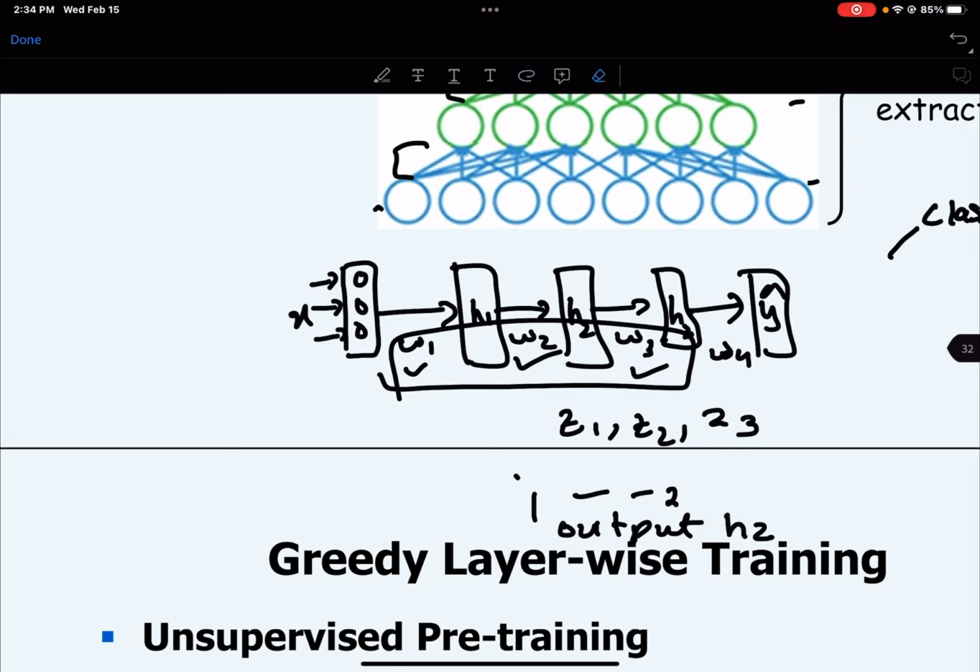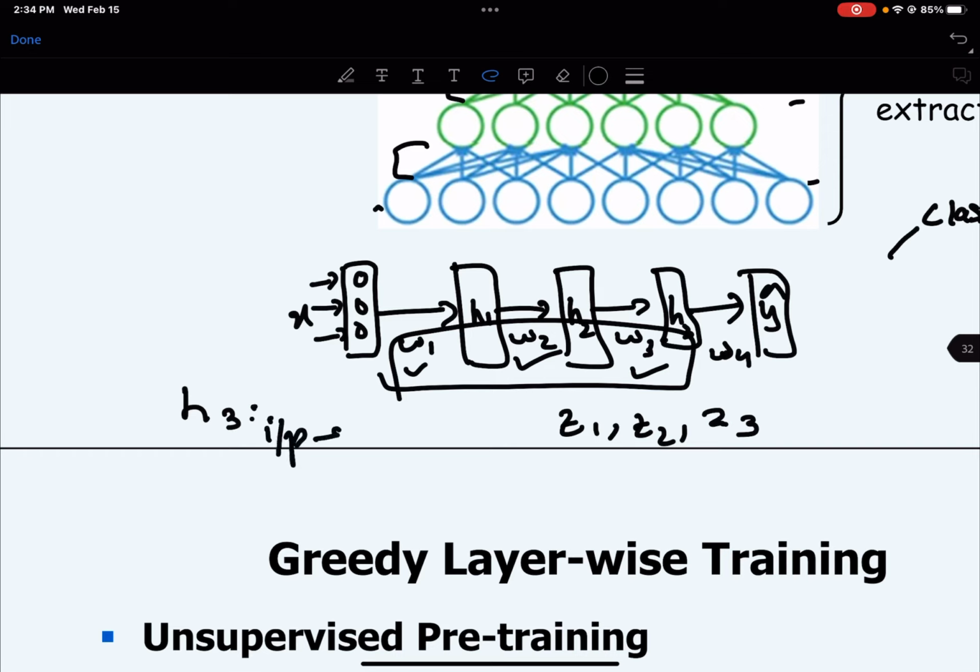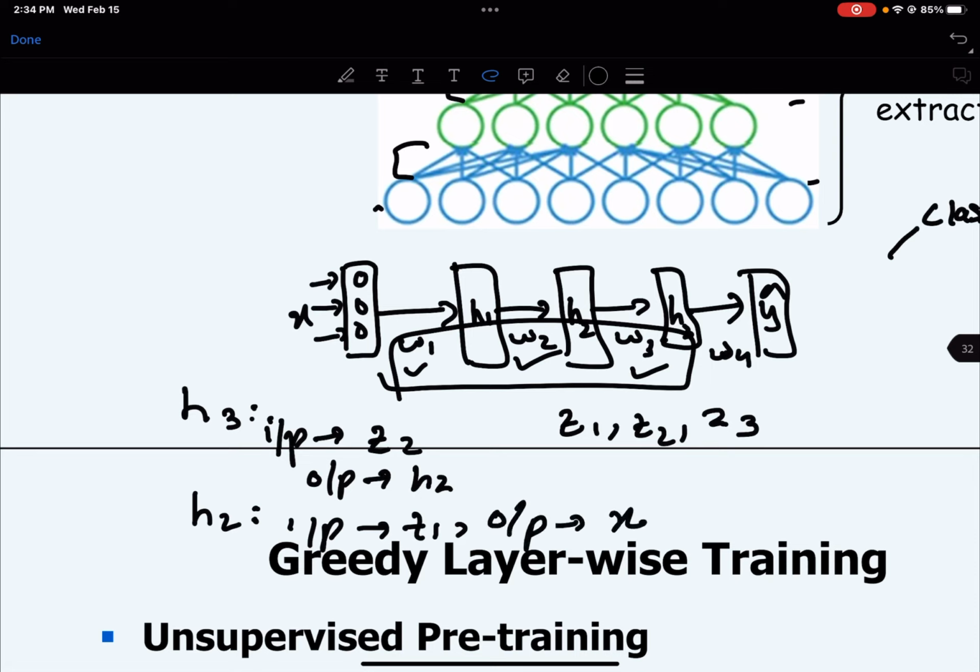Similarly, the input to H2 is Z1, and the output of H1 is Z1, and if we take H1, then the input is your X. So we are going from here.